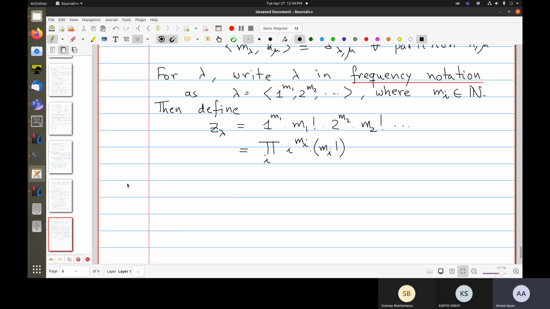So here is a standard result which you can derive. Theorem. Maybe I'll leave it as an exercise.